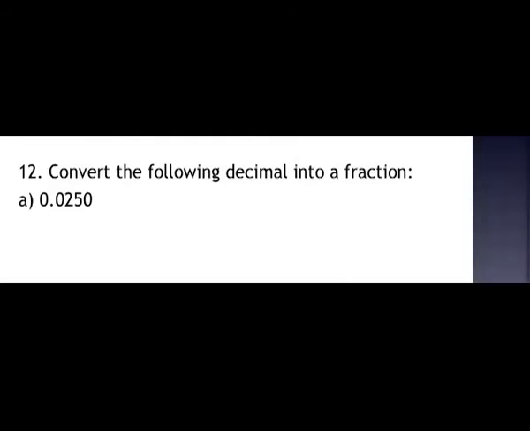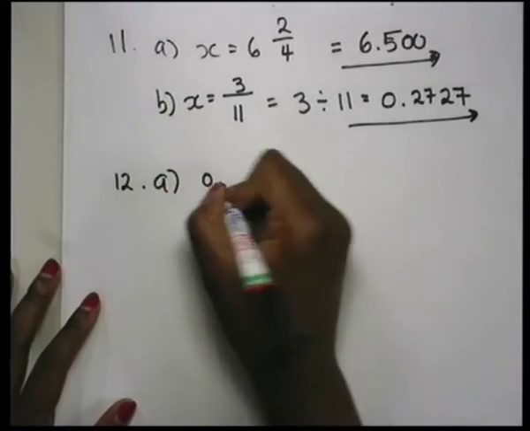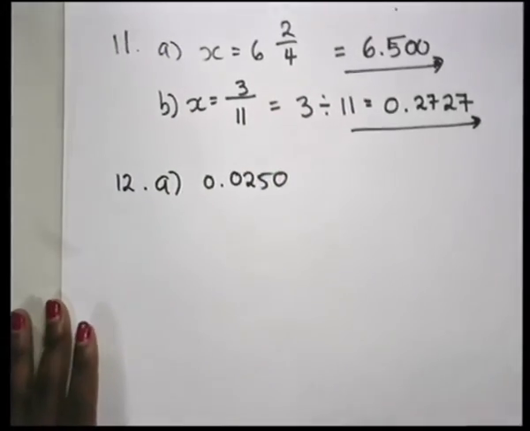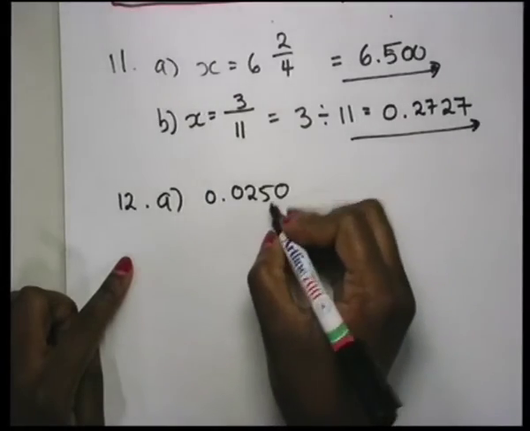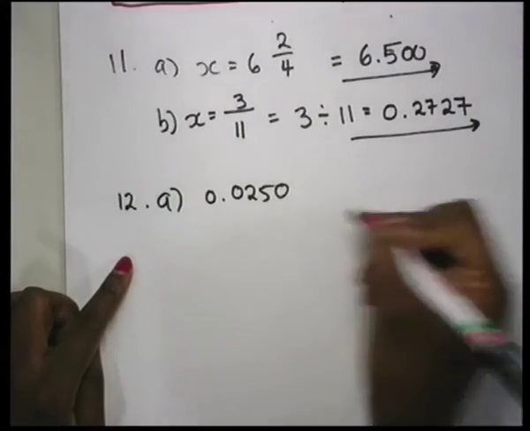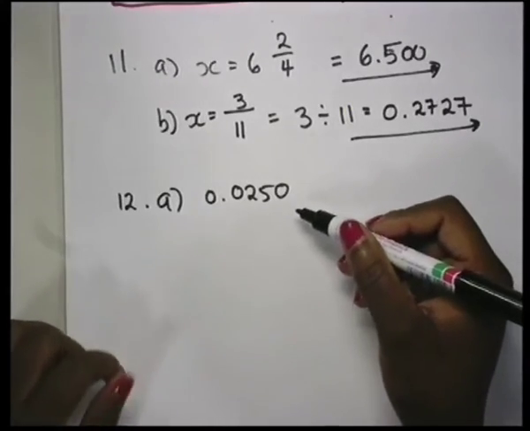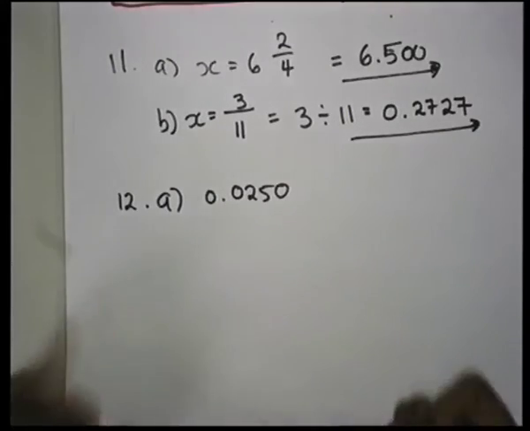Convert the following decimal into a fraction. Now the decimal is 0.0250. That is a decimal that we now need to convert into a fraction, meaning that when we convert it into a fraction, it should have a numerator and a denominator as well.